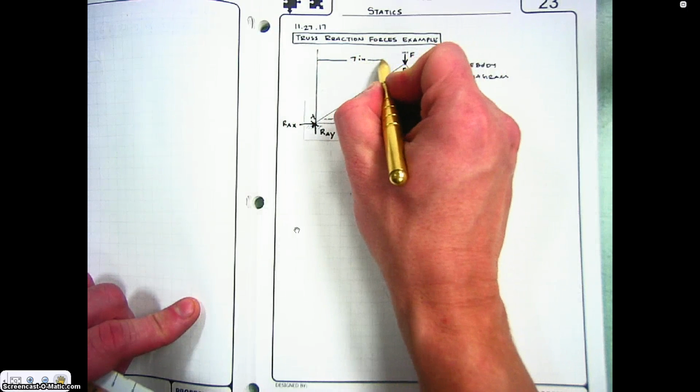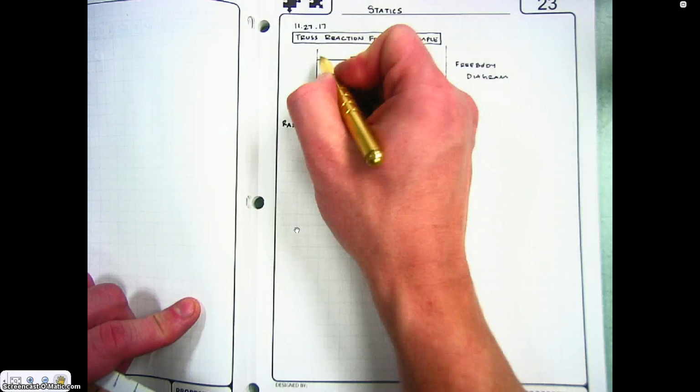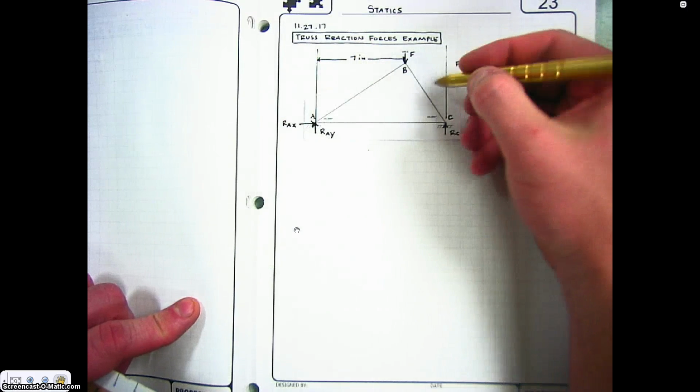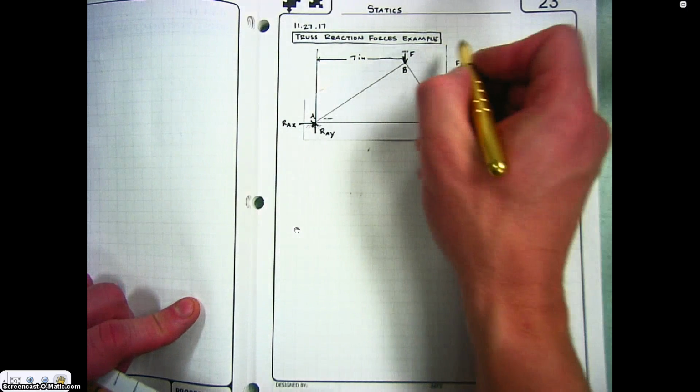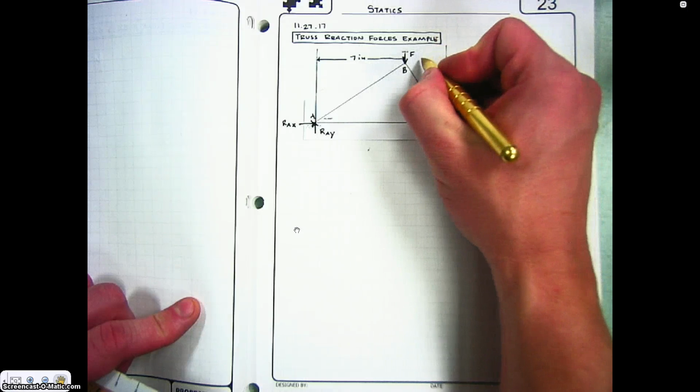And I'll add a dimension line to that. All right. Now from B to C in the x direction, it's going to be 3 inches.